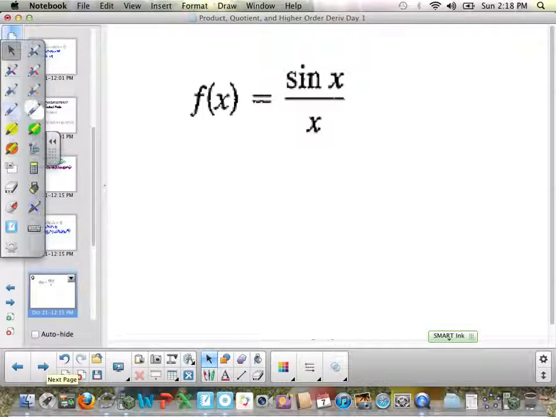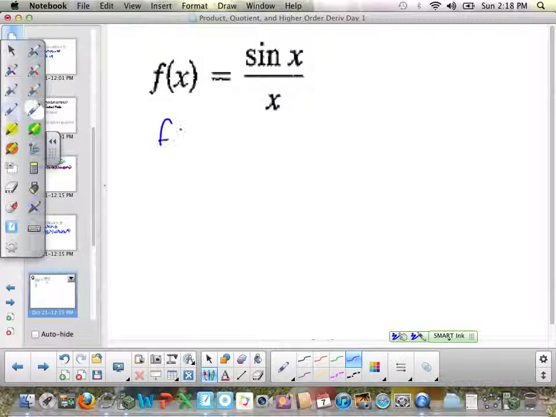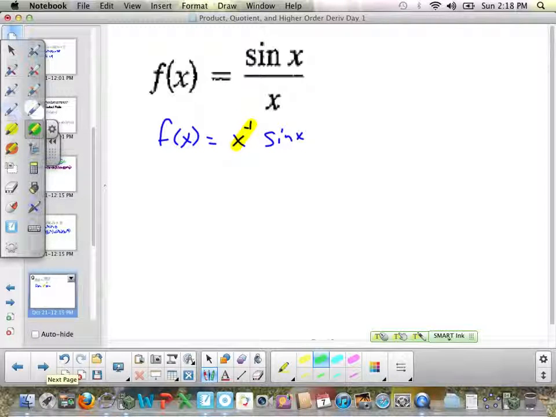F of x equals sine x over x. All right, this one, we need to do a little rewrite first. Remember, dividing by x is the same as multiplying by the inverse. So let's rewrite this as f of x equals x inverse, x to the negative 1, times the sine of x. And then we can apply our product rule. There's our first function. There's our second function.